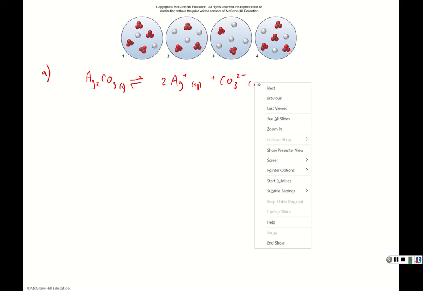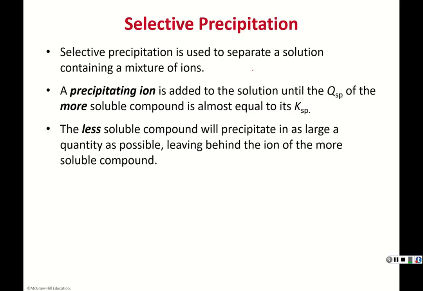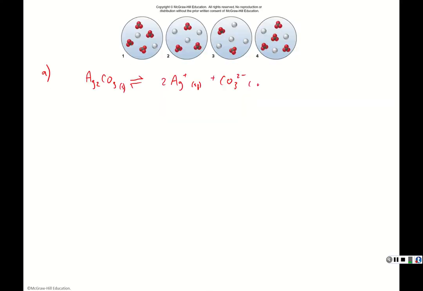Well, our reaction is Ag2CO3, and that's a solid. Okay, so that's our equilibrium.